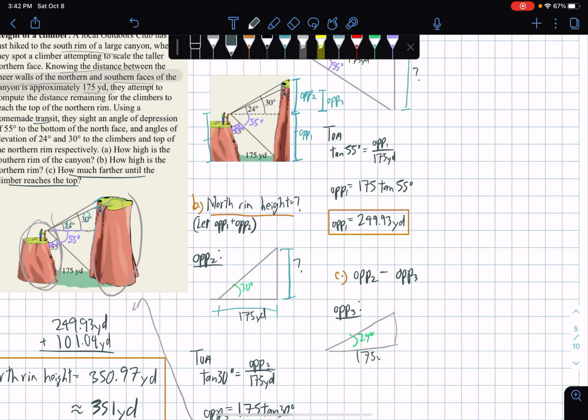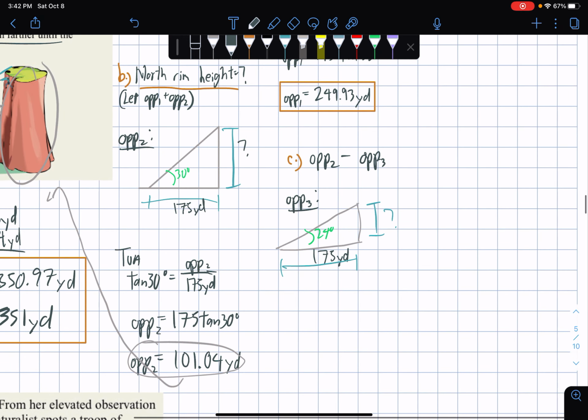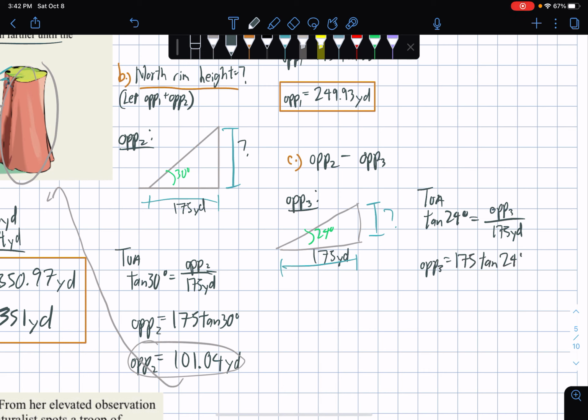Still 175 yards here, and this is opposite 3. TOA: tangent 24 degrees is equal to opposite 3 over 175 yards. Opposite 3 is 175 tangent 24 degrees.